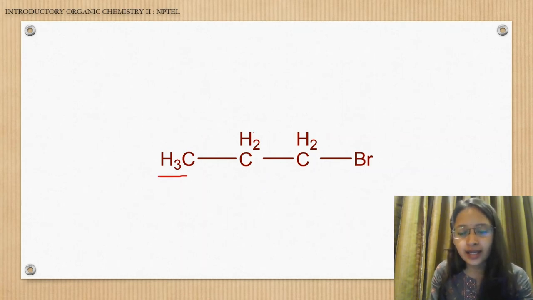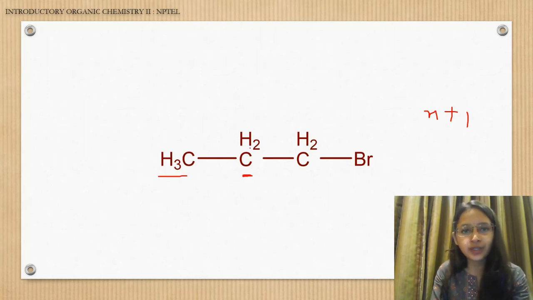for the splitting we use the n plus 1 rule. Right? For splitting, this is the universal rule. So for the methyl group, if it is present in the vicinity of these hydrogens, then n is 2. So 2 plus 1, which is 3, a triplet. So for the methyl we are going to have a triplet because of the 2 protons on the adjacent carbon.